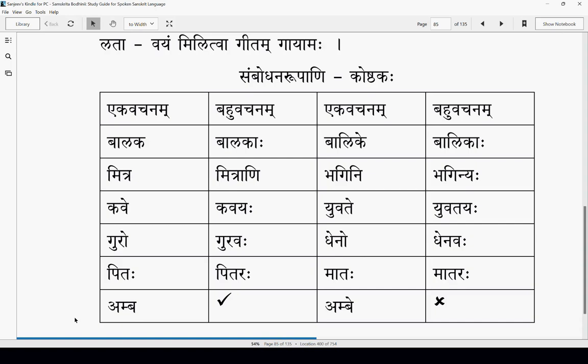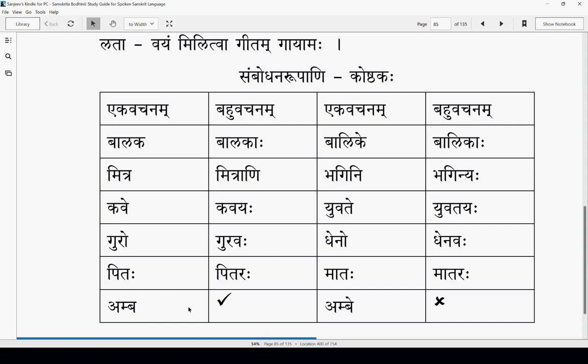Amba is a Pratipadikam like Lata. Amba, like Lata, has a vibhakti table that is all like Lata only. Amba, Ambe, Ambaha, Ambaya, Tritiya Vibhakti, Ambayaha, Shashti, Ambayam, Saptami.